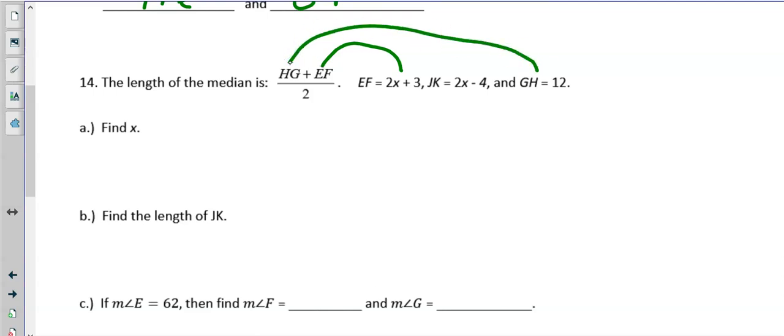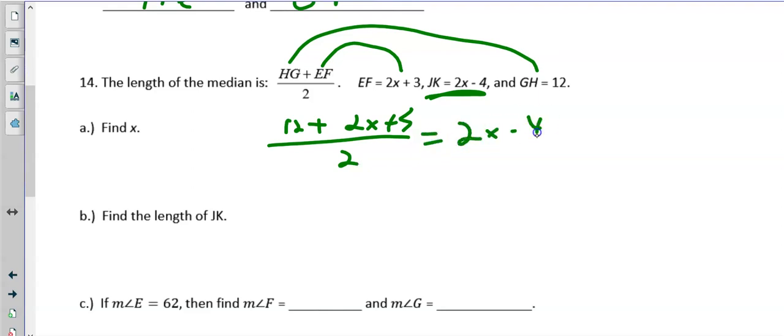HG is 12. And this, again, is the median. So let's do the math. HG, which is 12, plus EF, which is 2x plus 3, divided by 2 equals the median. The median is 2x minus 4.